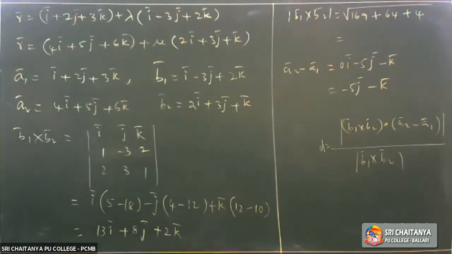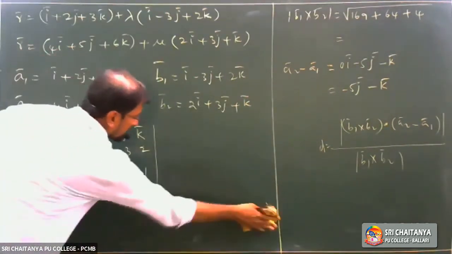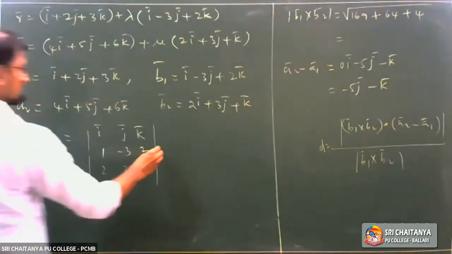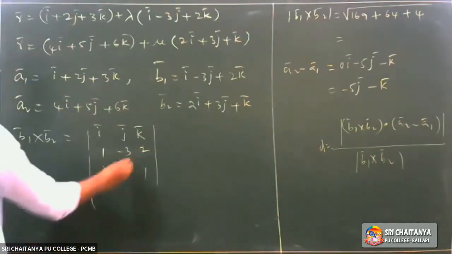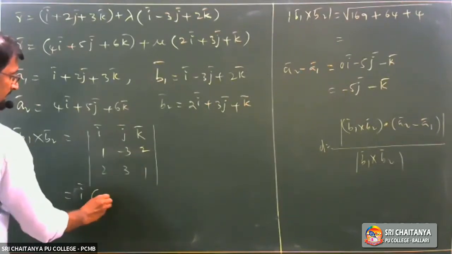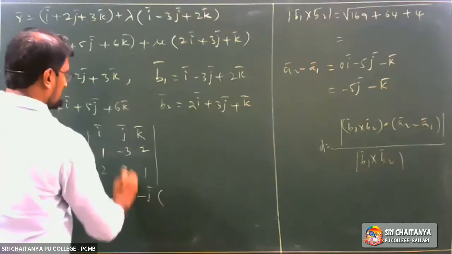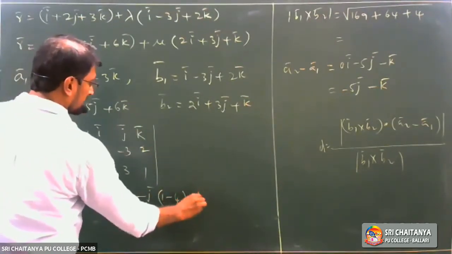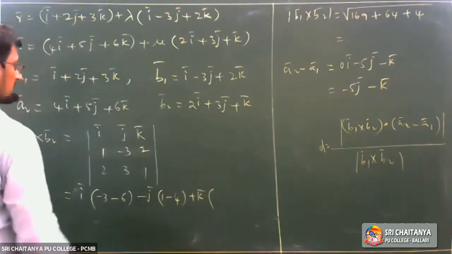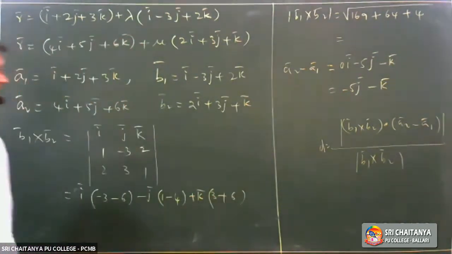So you are going to get the determinant value different, which is equal to, I'm going to write here, i bar minus 3 minus 6, right? Minus j bar, you are going to get 1 minus 4 plus k bar into 3 plus 6, right?